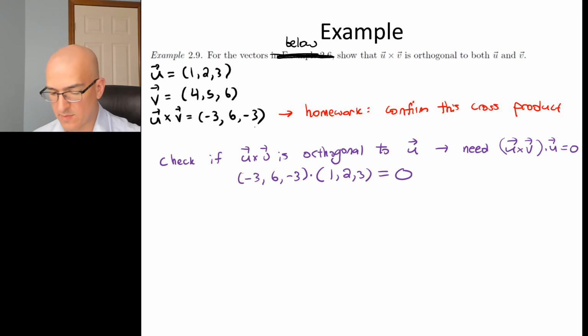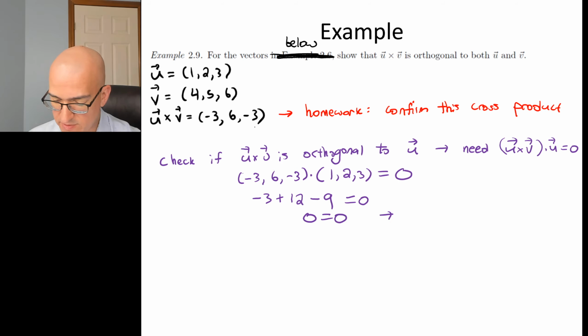Let's make sure. So we got negative 3 plus 12 minus 9 equals 0. Yep. Negative 3 minus 9 is negative 12. Negative 12 plus 12 is 0. 0 is equal to 0. So it's true.